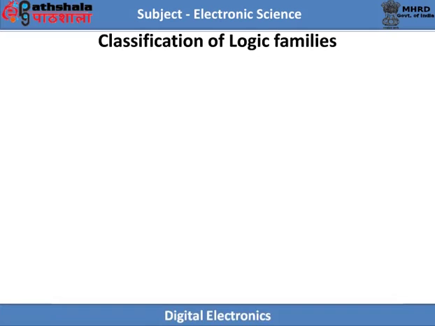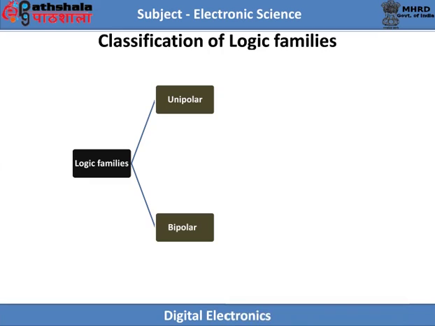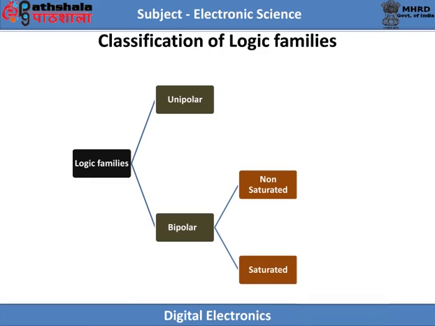Logic families are classified according to the principal type of electronic components used in the fabrication. They are bipolar ICs, which use diodes and transistors or BJTs, and unipolar ICs, which use MOSFETs. Bipolar ICs are further classified into two types, that is non-saturated and saturated.